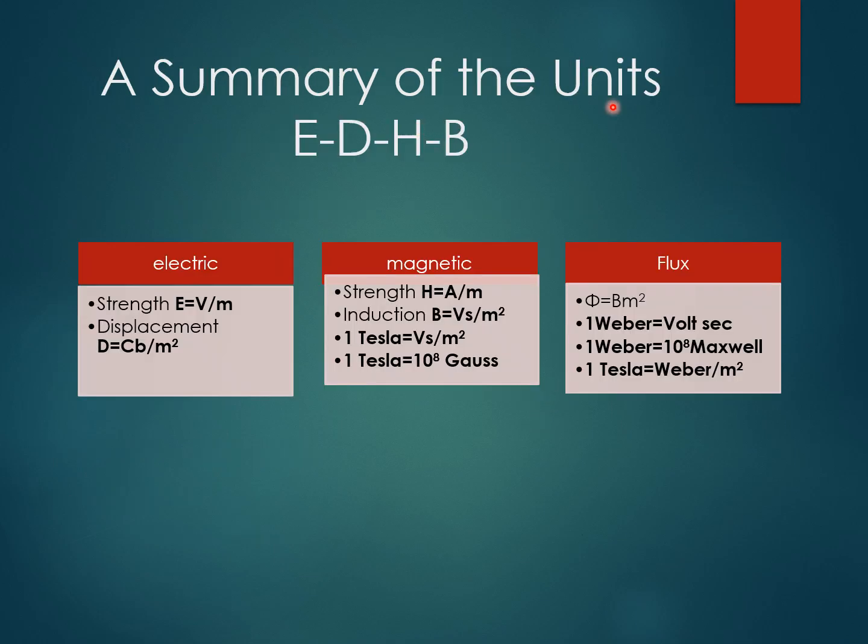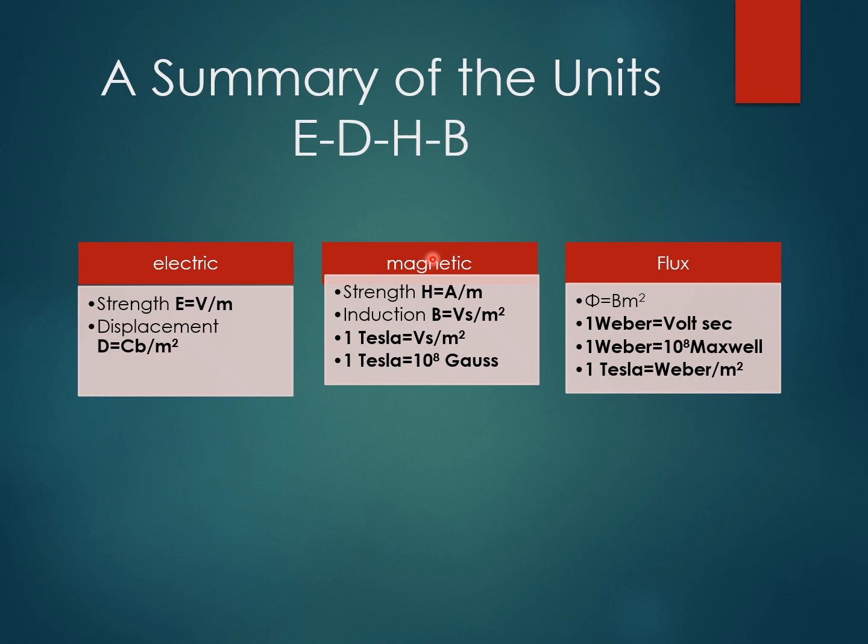In summary, for the units of E, D, H, and B, we have for the electric, the strength E is equal to volt over meter, and for the displacement is Coulomb over meter square.